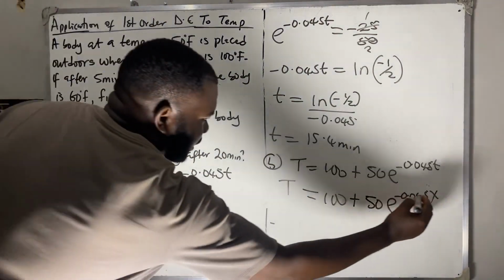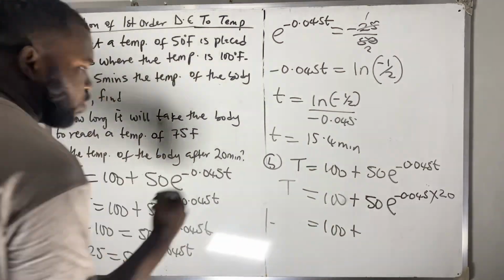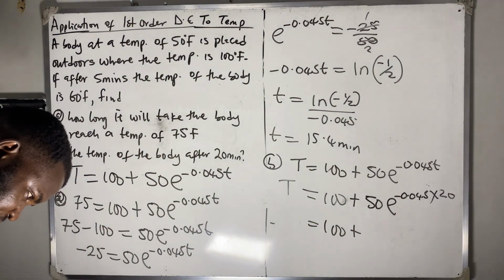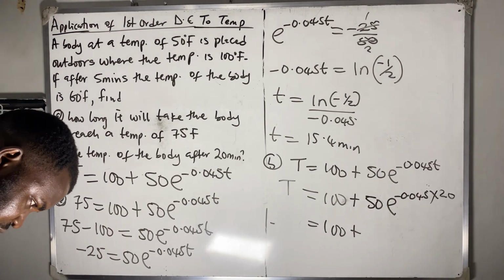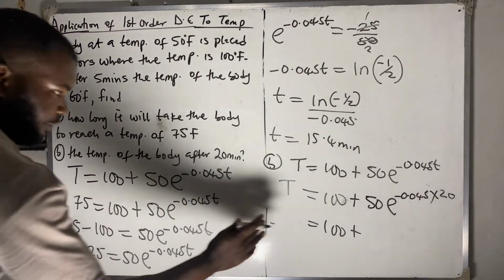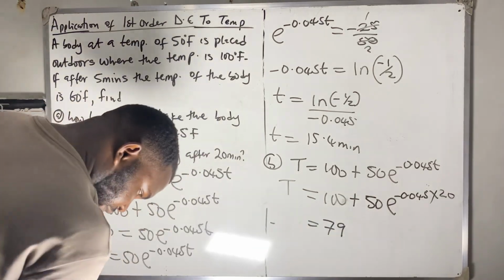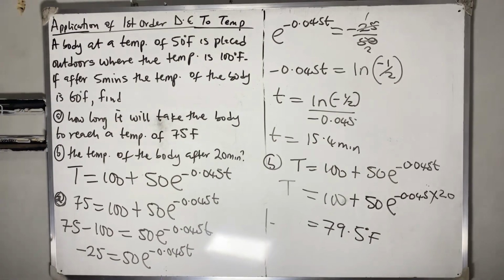After 20 minutes, so times 20. If you do that, I'm not with my calculator, so you can try it. If you do everything, it's going to give us 79.5 degrees Fahrenheit. So you see, this is very simple.